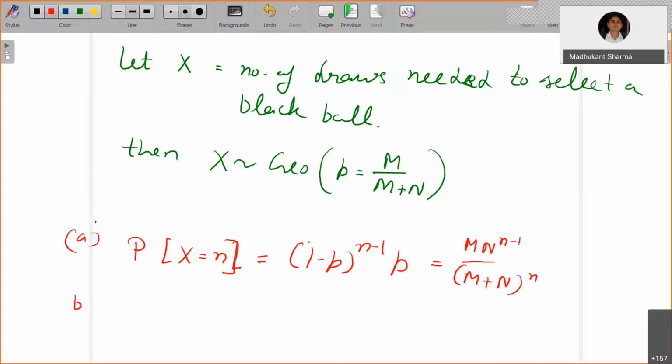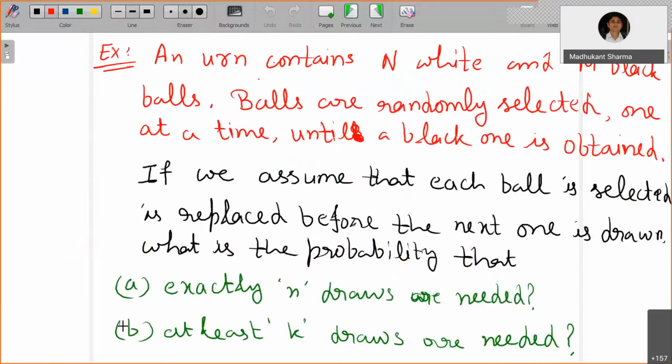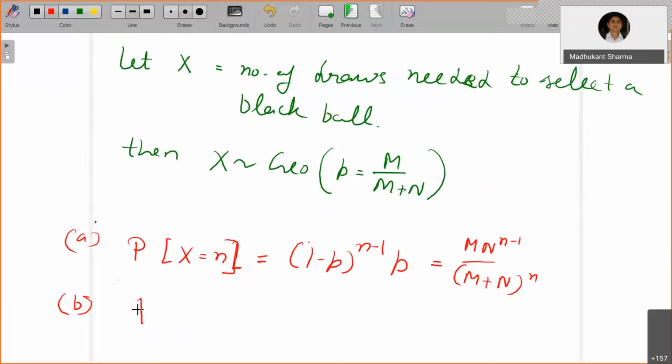For the second case, k draws are needed. What we are looking at is the probability that at least k draws are needed to get the success.